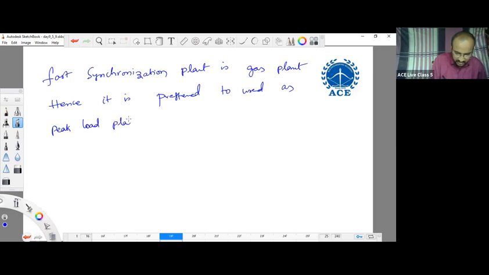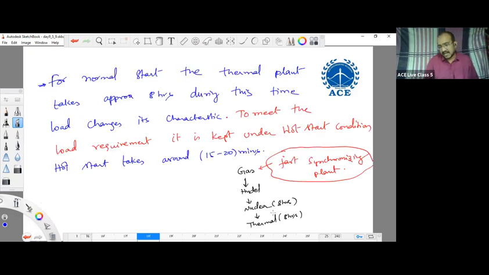Peak load exists for only a shorter duration of time. During that time, this plant has to run and meet the load requirement. Nuclear takes approximately the same time as a thermal plant, but nuclear is not preferred to be kept under hot start condition because controlling the nuclear reaction is difficult.